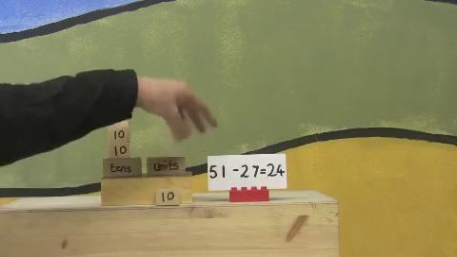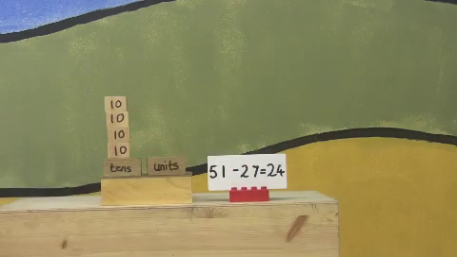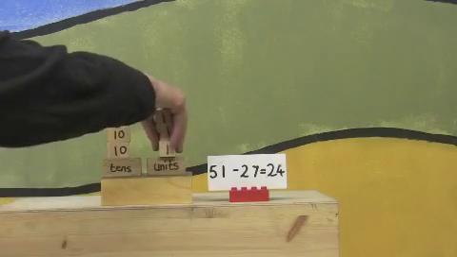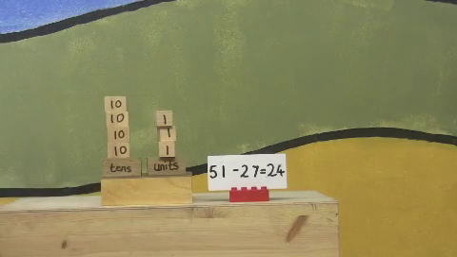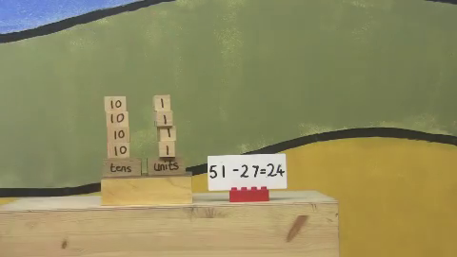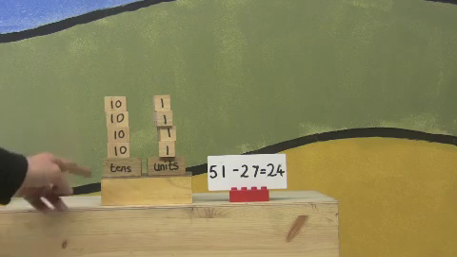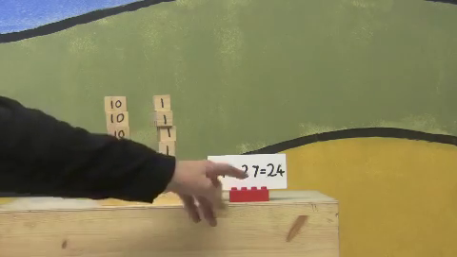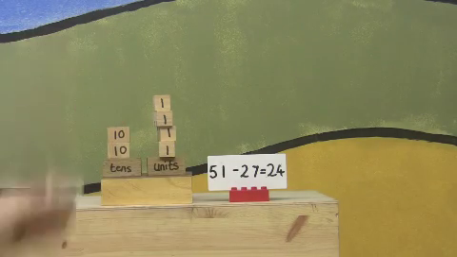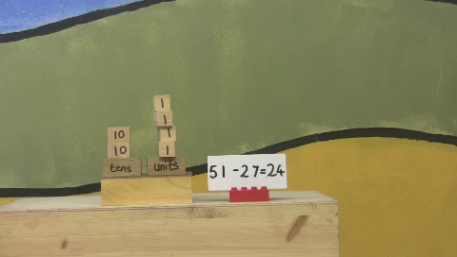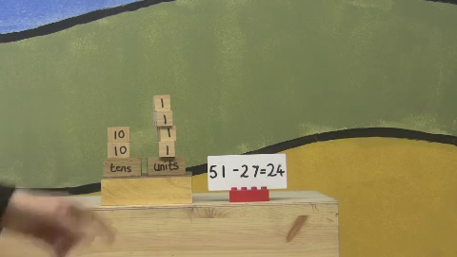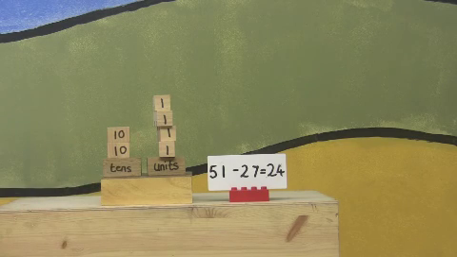The answer's 4. So I'll put in 4 units. From my remaining 4 tens, I take 2. 4 take away 2 is 2. 2 tens and 4 units, 24.